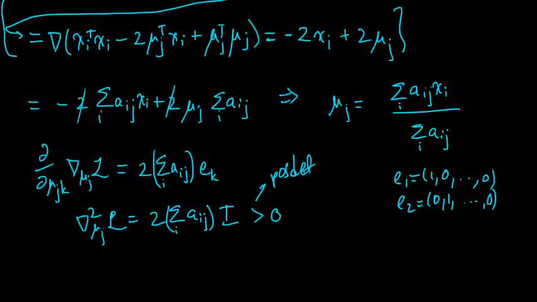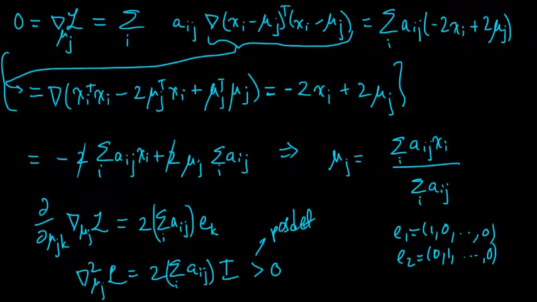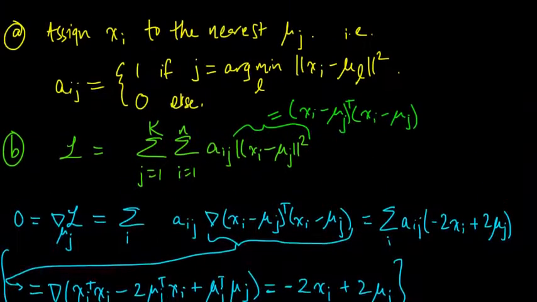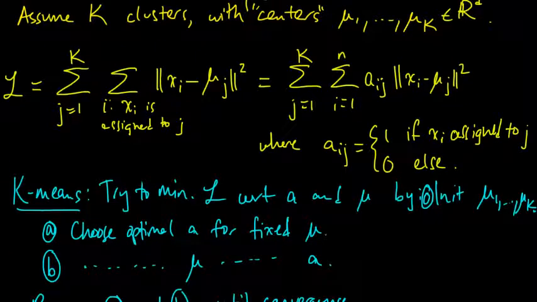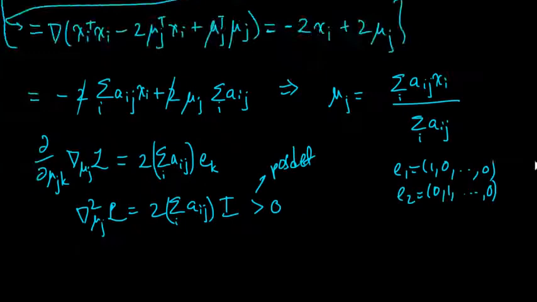And what does that mean? What is this aij? Well, let's think about what this aij means. aij is 1 if xi is assigned to j. So if we're summing aij over i, then that gives us the number of points that are assigned to j. So let's write that down.